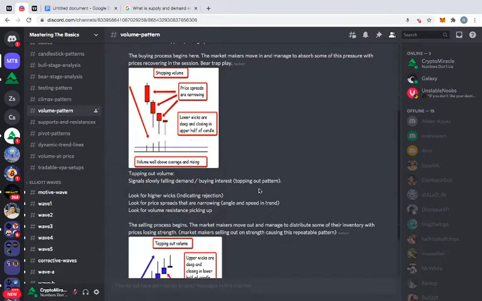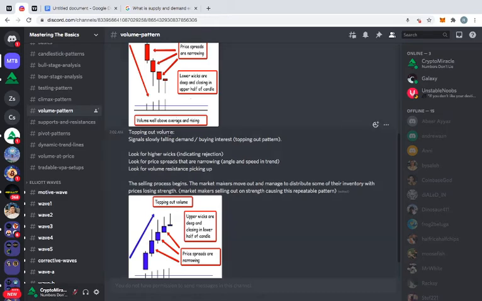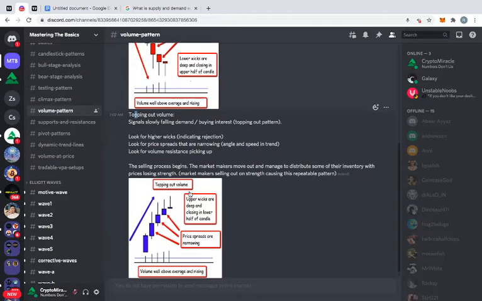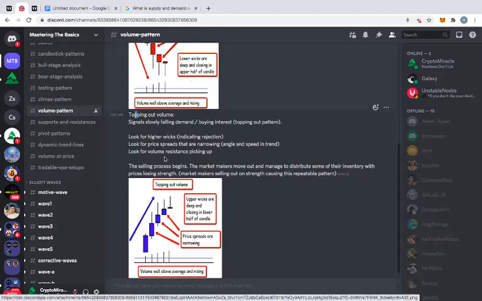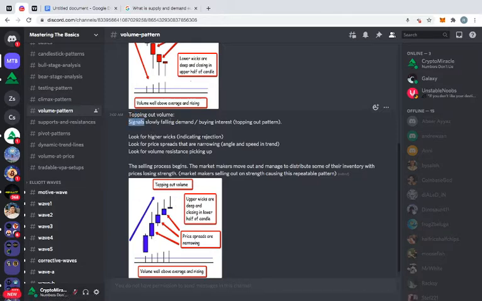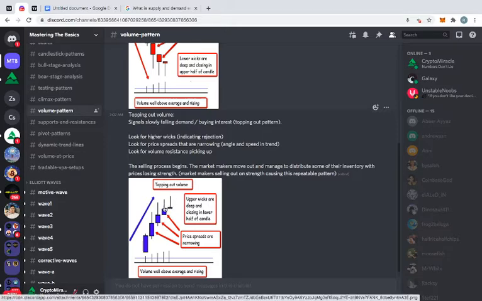So let's talk about topping out volume. With volume, it's important to take price and time into consideration. This is the topping out volume pattern, the same type of deal, but on the upside. It signals slowly falling demand, that there's less buying demand, and that these candles are actually closing bearish.